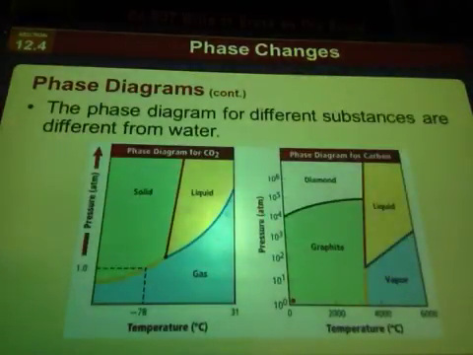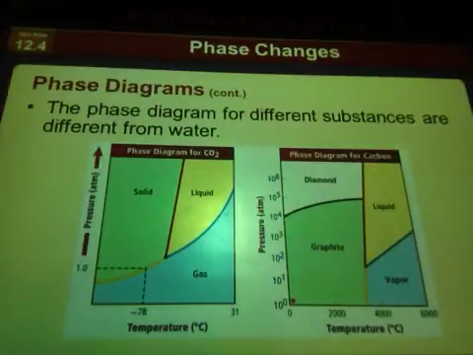Okay, I think this is our last slide, guys. Phase diagrams are different for different substances. Every substance has its own phase diagram, and no two phase diagrams are identical. So every one is always going to be different.